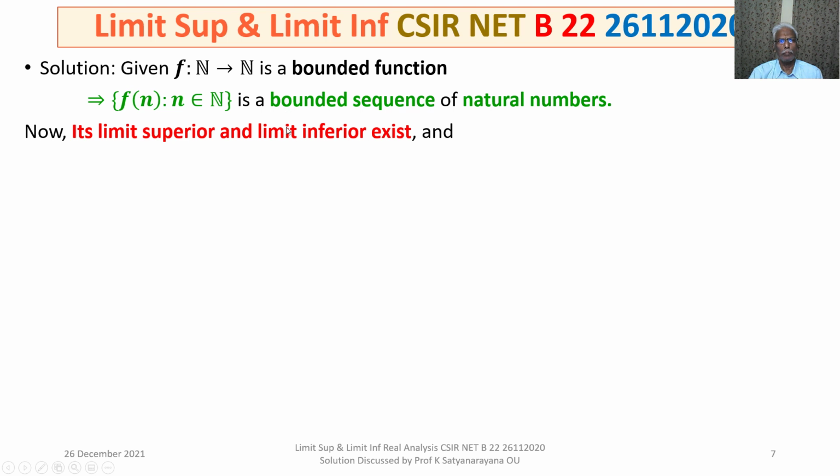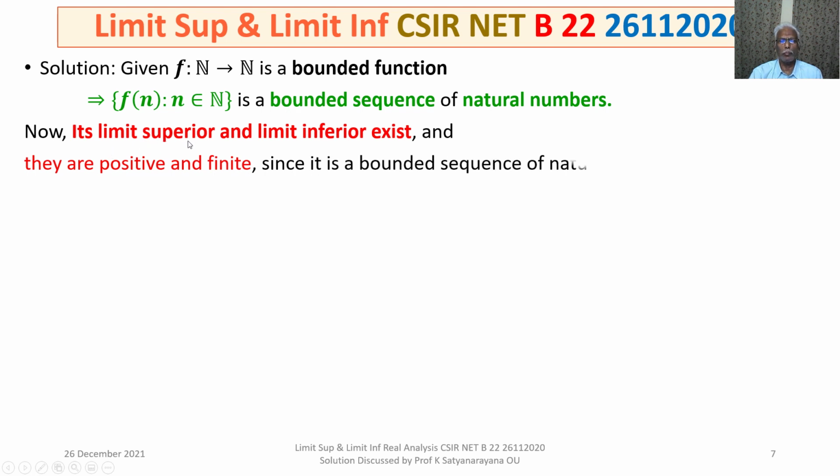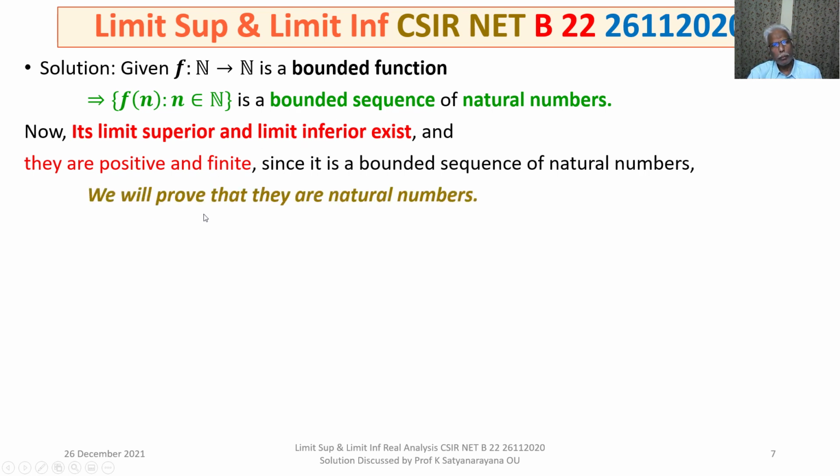And because it is a bounded sequence of natural numbers, limit superior and limit inferior are positive and finite because it is bounded. We will now prove that they are natural numbers. That is, the limit superior and limit inferior of this sequence are natural numbers.